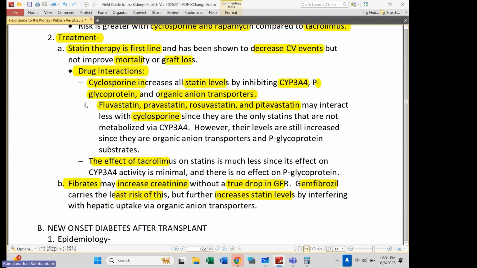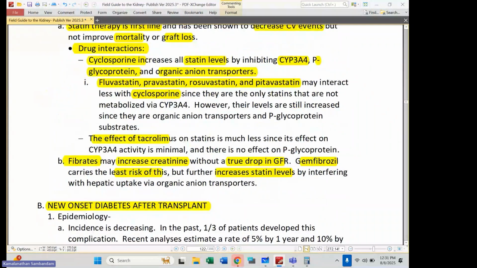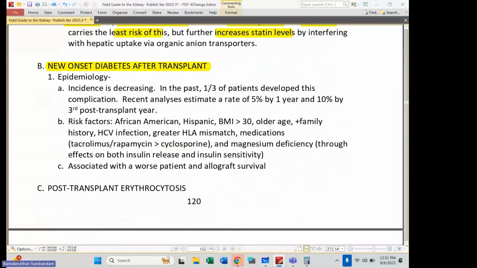Moving on to another major cause of metabolic derangement in your transplant patients, and that is diabetes, especially new onset diabetes. As an aside, there certainly are patients who have diabetes as a cause of ESRD or contributor at least.